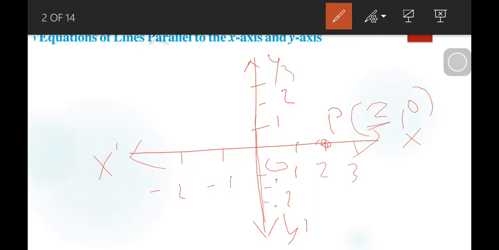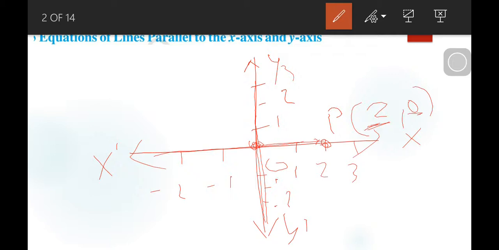It is x, the coordinate on the x-axis, and it shows the distance from the y-axis. The y coordinate shows the distance from the x-axis, but it is 0. So we denote the point as (2, 0).